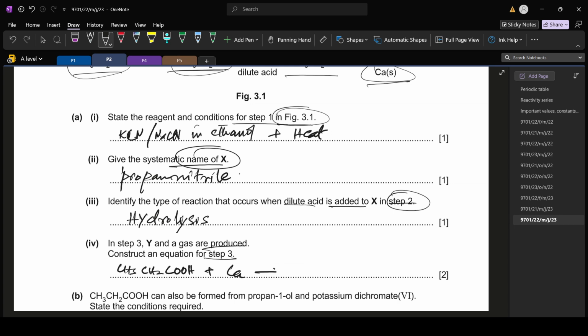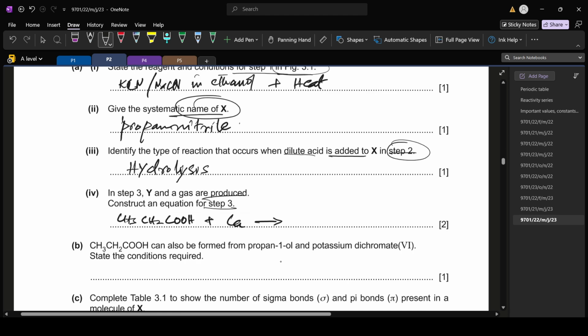It will form calcium propanoate, whose formula is (CH3CH2COO)2Ca, plus hydrogen gas. You have to balance the equation. So this is your balanced equation.